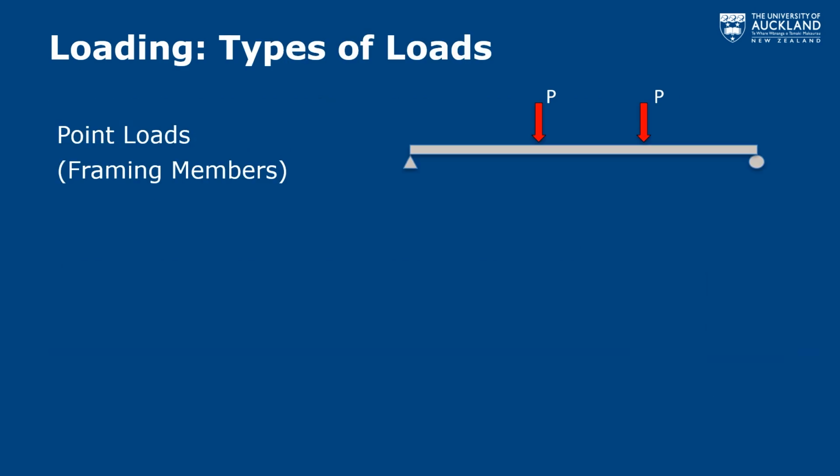So I want to show just a few examples here. So the first one would be point load. So this is typical where you'll see most of this is when you've got members framing in. So if you've got this simply supported beam, you can think of that as like a primary beam, and you can think of the two loads P as the secondary beams which are supported by that. And so the forces and the reactions coming from the secondary beams will get transferred onto that primary framing member.